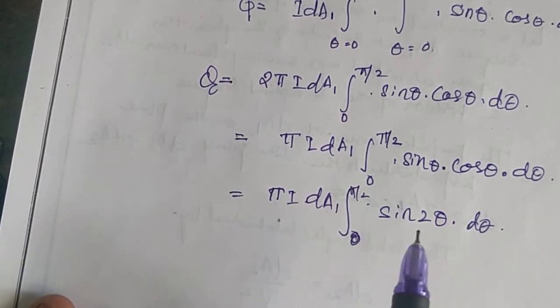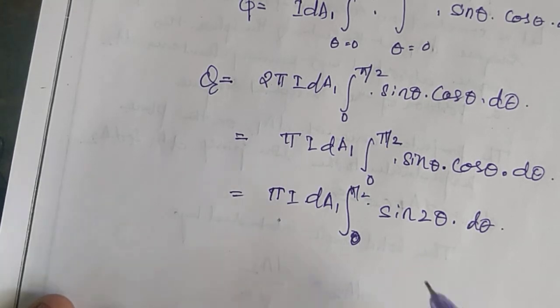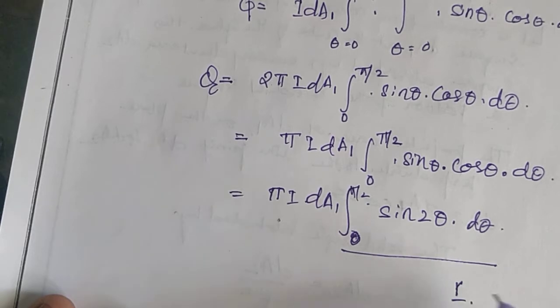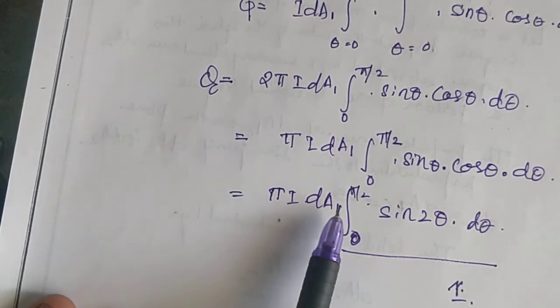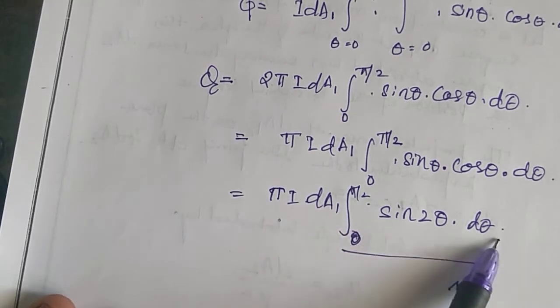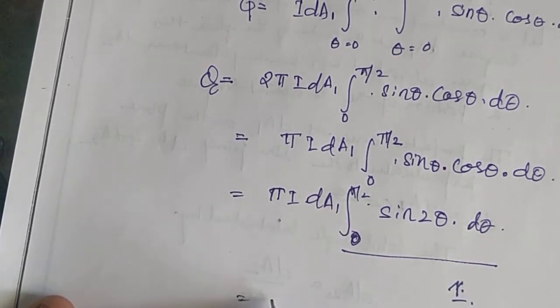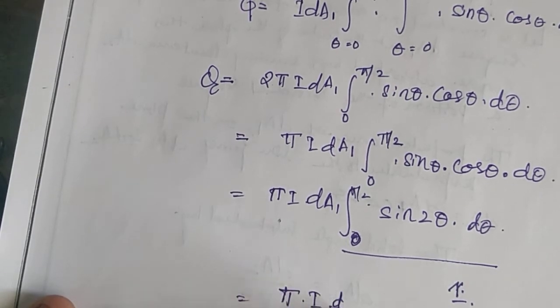Now the whole term becomes 1, as per the standard value of the integral from 0 to pi by 2. So further we get pi I dA1.